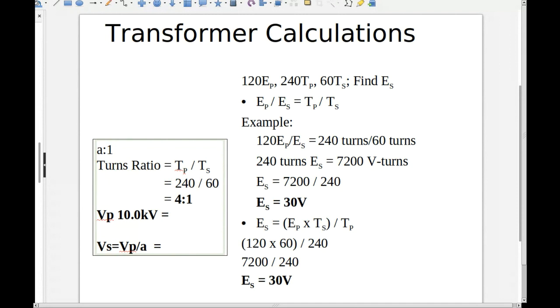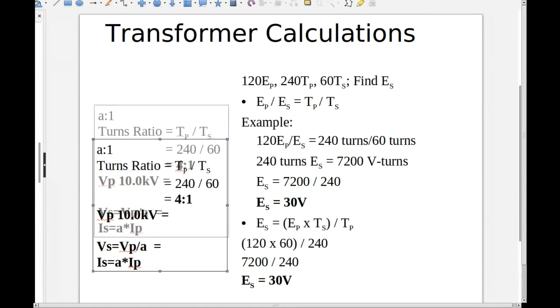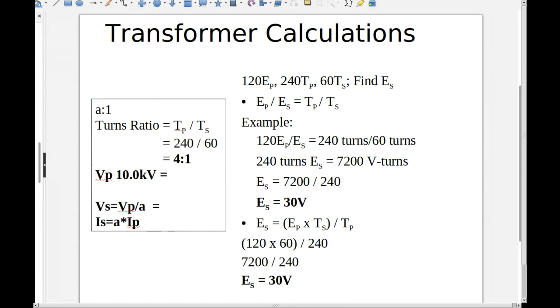So your voltage dropped down by 100, but your current goes up. The current on the secondary side is equal to A times the current of the primary side. Remember, the key here is the fact that power, which is volts times amps, is the same.